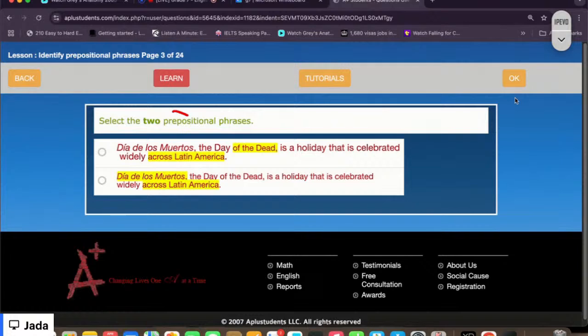Dia de los Muertos, the Day of the Dead, is a holiday that is celebrated widely across Latin America.